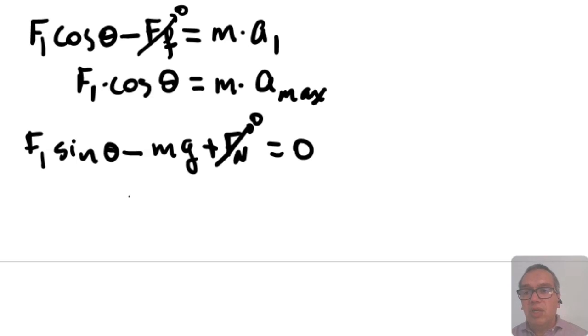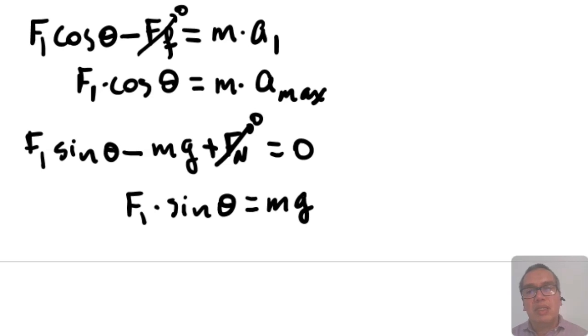And so F1 times sine of the angle becomes equal to mg. So we can combine these two things very productively if you think as follows. Remember that what you want is an expression for A max, the acceleration at that point.